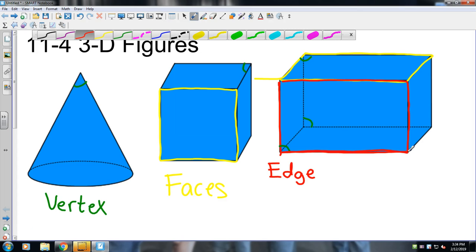A cube, what makes it a cube instead of a rectangular prism, technically it is a rectangular prism, but the cube would be that they would all be the same length. All of the edges would be the same.